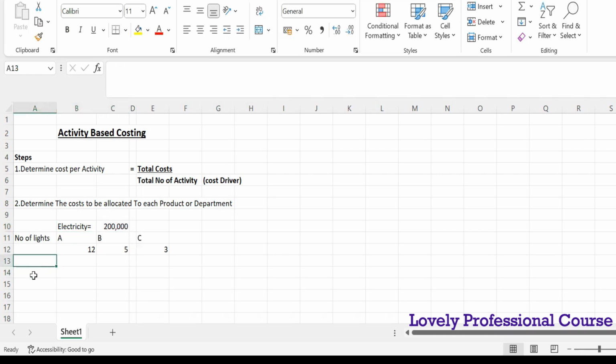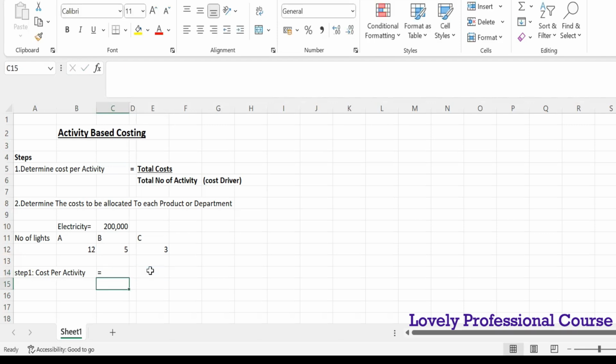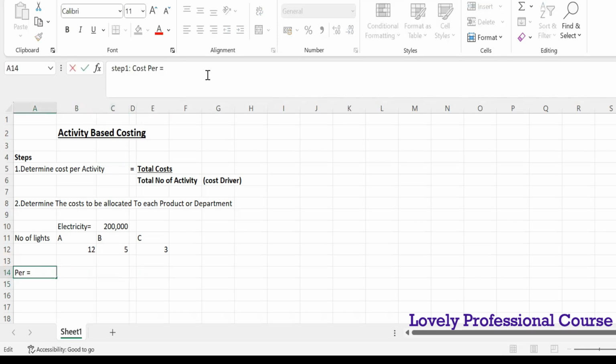I'm going now to do step number 1, which is to determine the cost per activity. I'm going to take the total cost incurred.